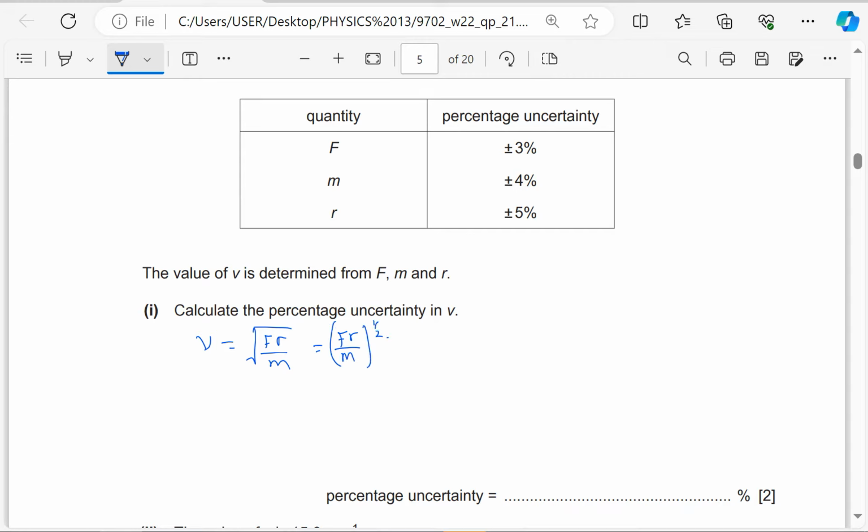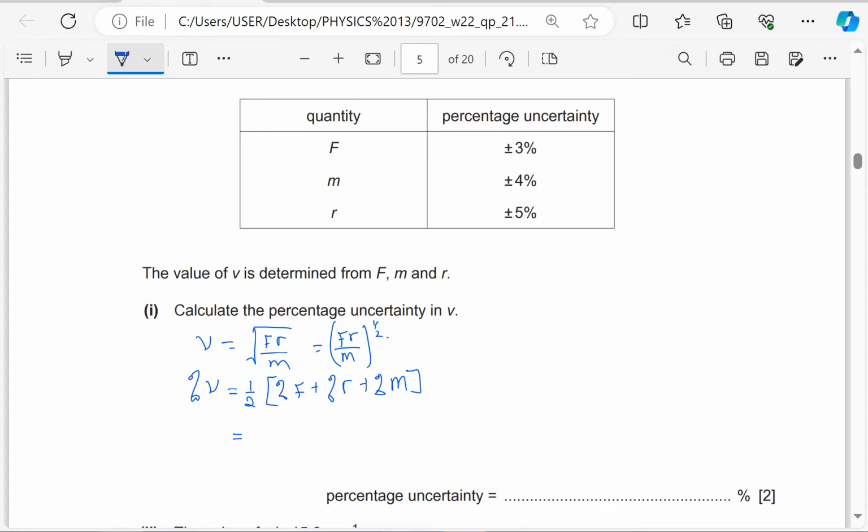Because of multiplication and division, I'll just sum up the percentage uncertainties. So the percentage uncertainty in v is going to be equal to a half into brackets, because the power multiplies the fractional uncertainties: a half times (percentage in F plus percentage in r plus percentage in m).